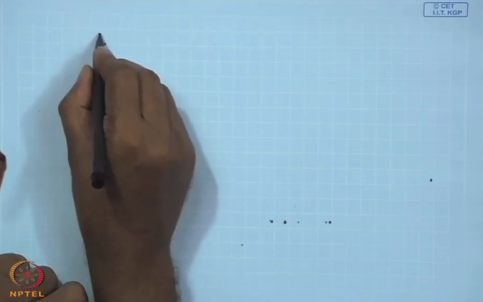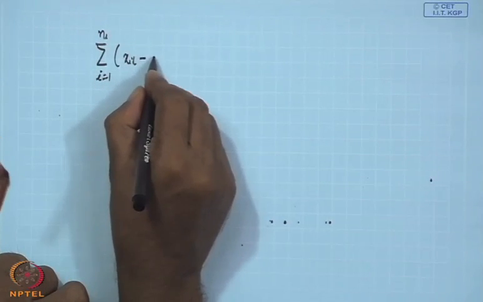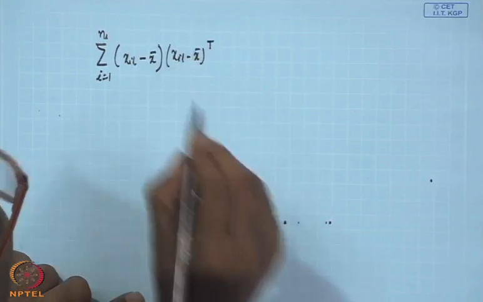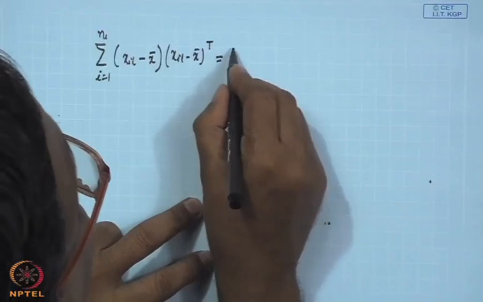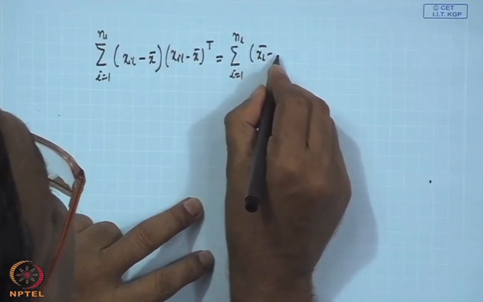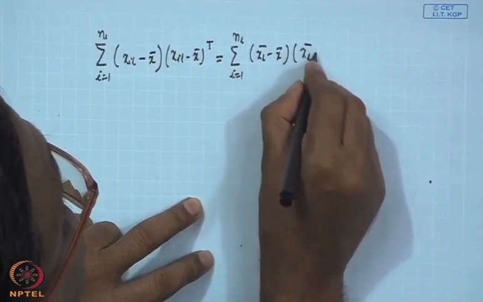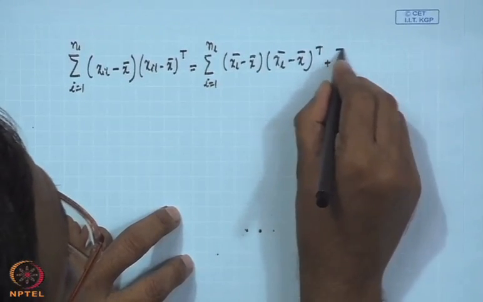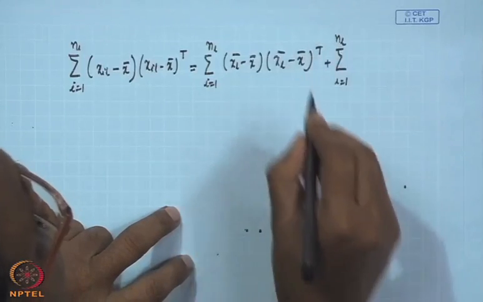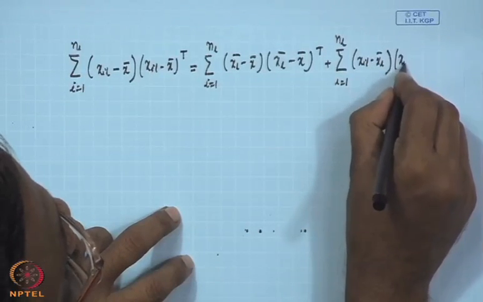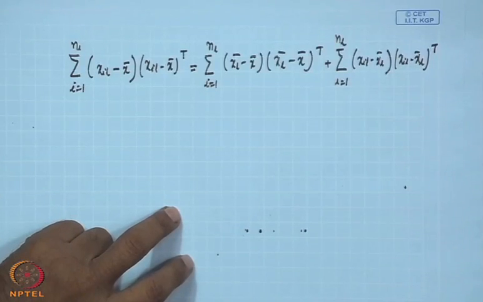Then the resultant equation will be like this: the sum over I equal to 1 to n L of XIL minus x bar into XIL minus x bar transpose equals the sum over I equal to 1 to n L of XL bar minus x bar into XL bar minus x bar transpose, plus the sum total over I equal to 1 to n L of XIL minus XL bar into XIL minus XL bar transpose, correct.